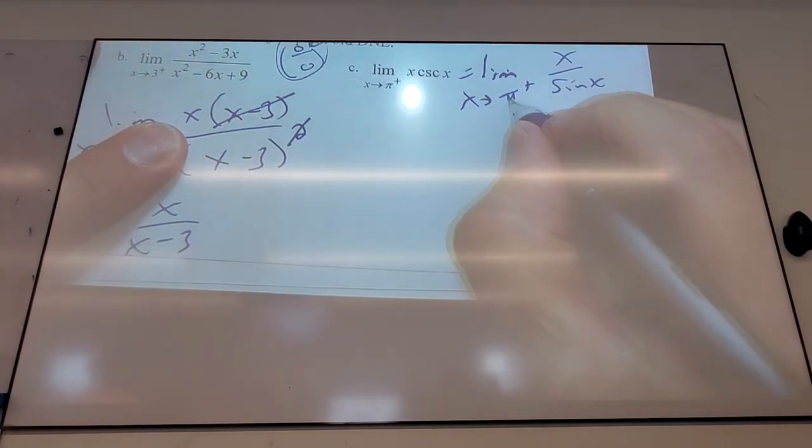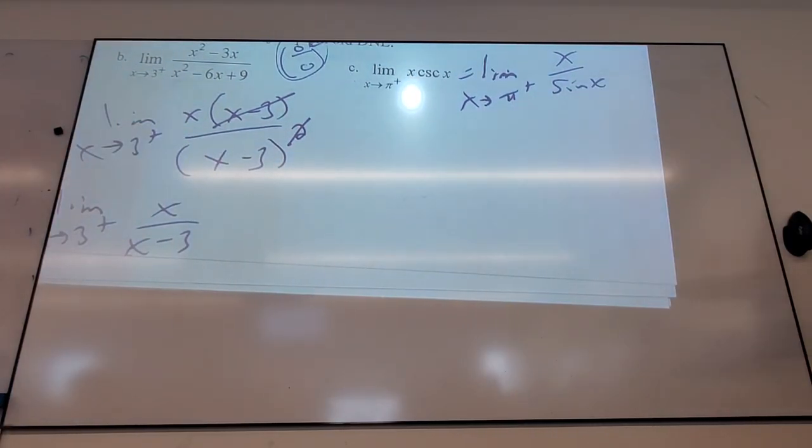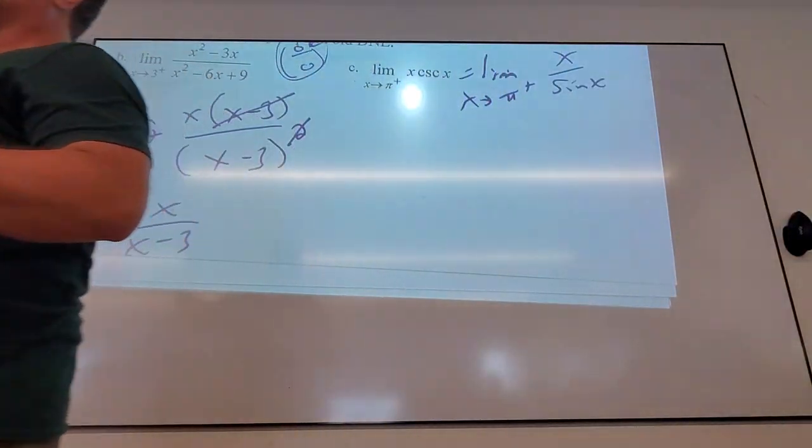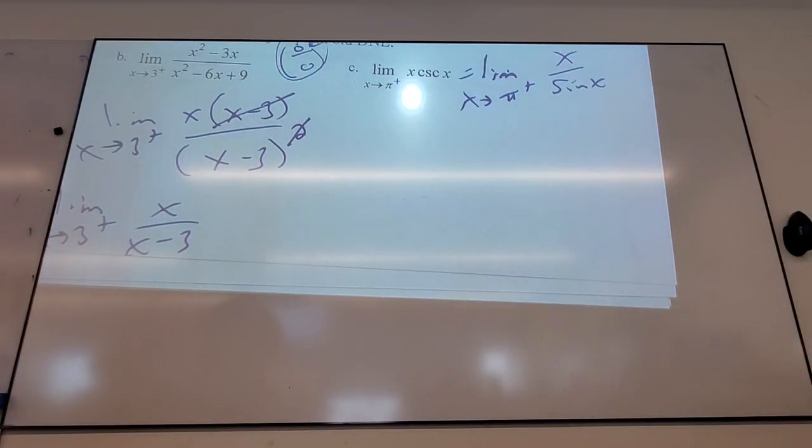What's the other thing you have to really pay attention to? Good. It's going to pi from the right, so it's putting in angles that are larger than pi. Can anyone tell me what quadrant I would actually be in? Bigger than pi. Third.